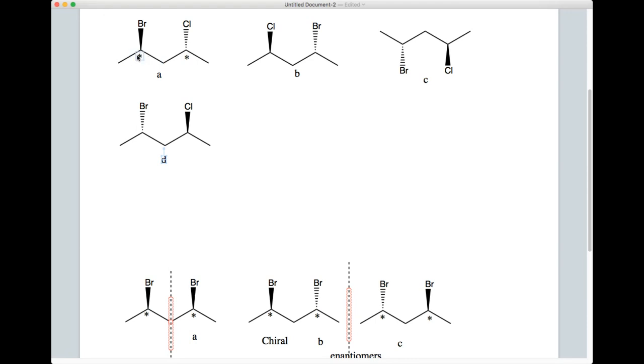When you do a vertical flip, you change the carbon chain pattern. Anything that is wedged is going to be dashed and vice versa, okay? So guys, what is the relationship between A and D?